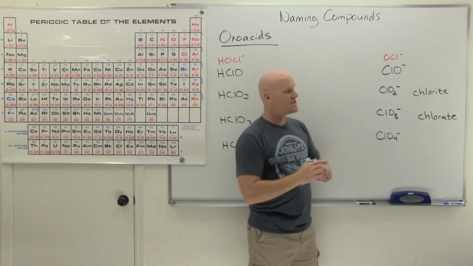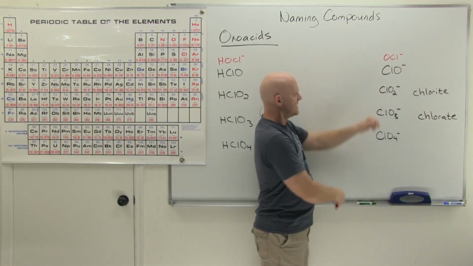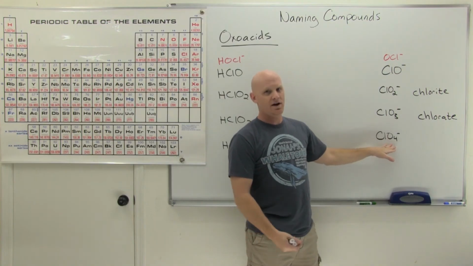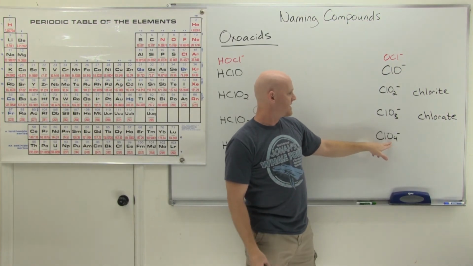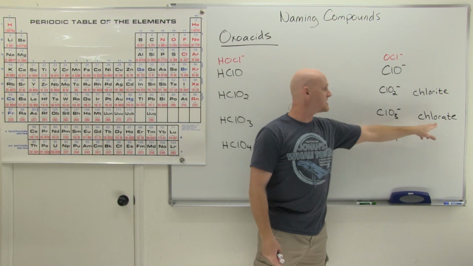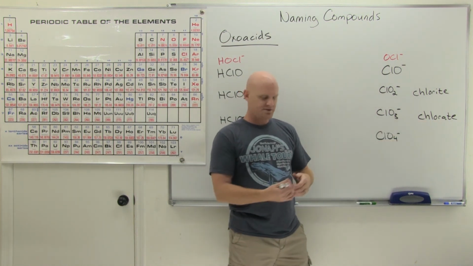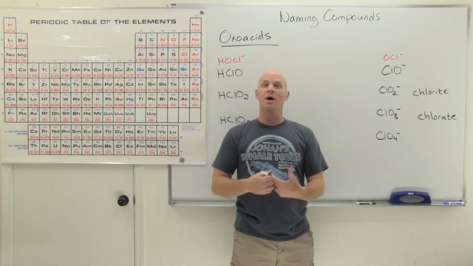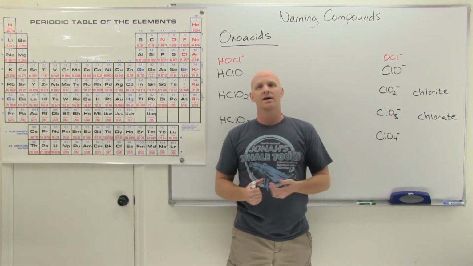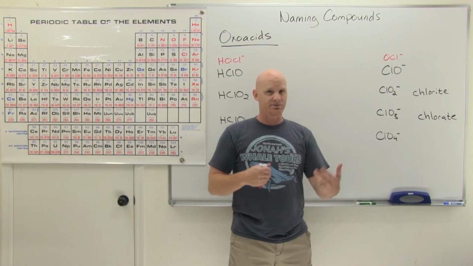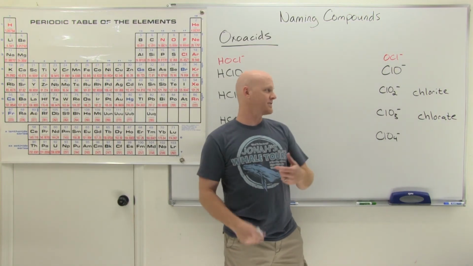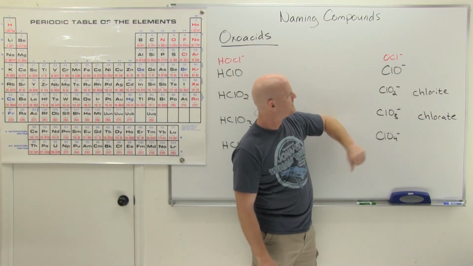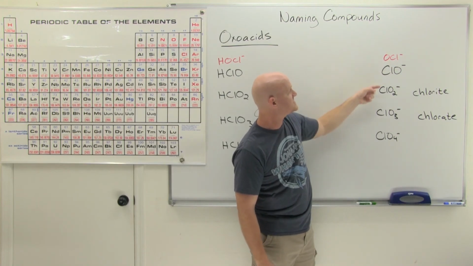And so then they had to come up with names for the extremes here. How do I tell people in general that this guy has more oxygens than chlorate? Well, it turns out they're going to use hyper as a base. Hyper means above or beyond, like when you're hyperactive, so you've got too much energy. And how do I tell people that I've got fewer oxygens than chlorite?